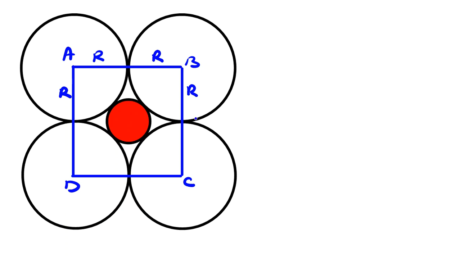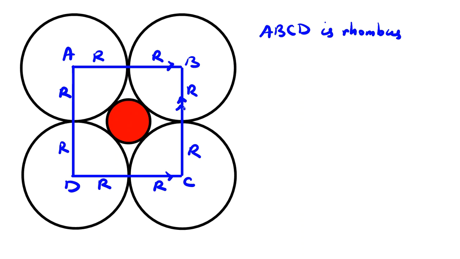They are equal circles, R. So each side is 2R. So we can conclude that ABCD is a rhombus. So we can say this is parallel to this one, and it is also parallel to this side.